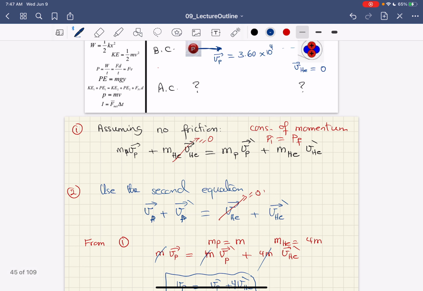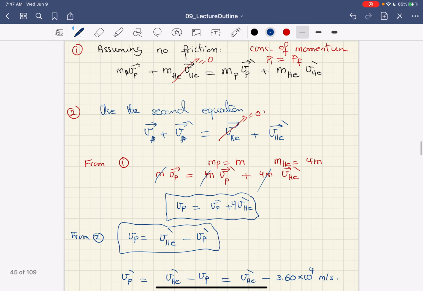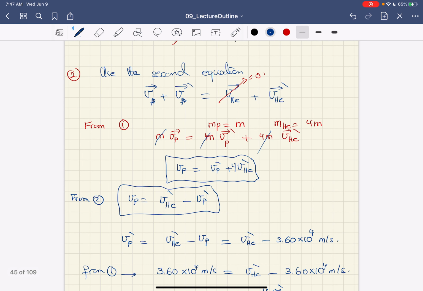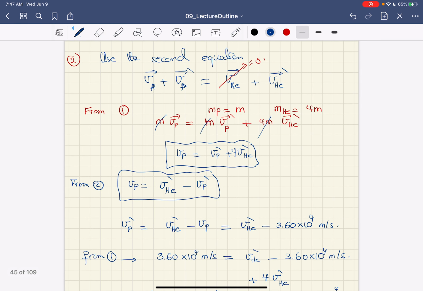I will also use the second equation: V proton plus V proton prime should equal V helium plus V helium prime. I have derived this equation from 2, and I will be able to calculate Vp prime in terms of V helium prime.